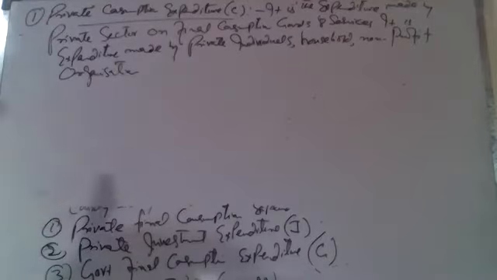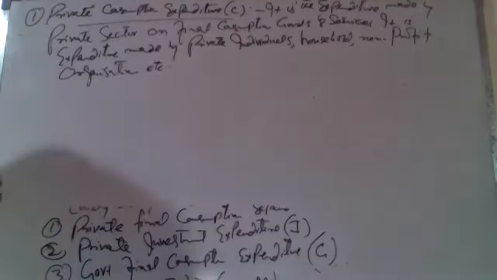Clear? It is the expenditure made by private individuals, households, non-profit organizations on consumption goods. This is C.